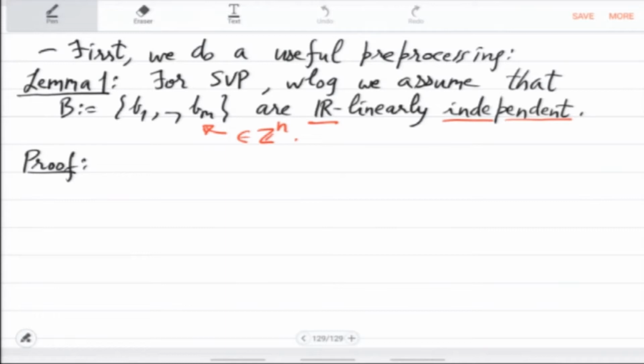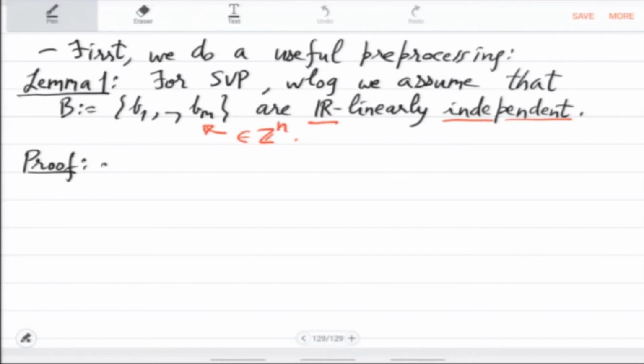The first pre-processing step, which is a good property to study for SVP, is that we can assume the generating vectors b1 to bm to be linearly independent over the reals. That will be a simplification. Why is that possible?